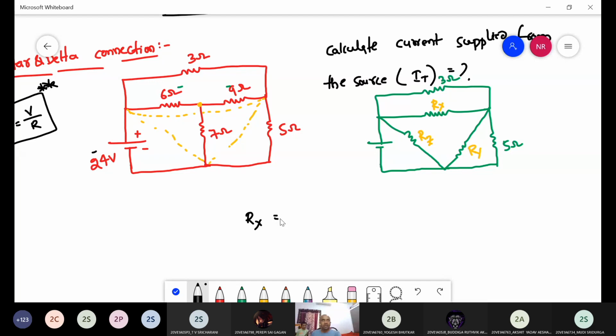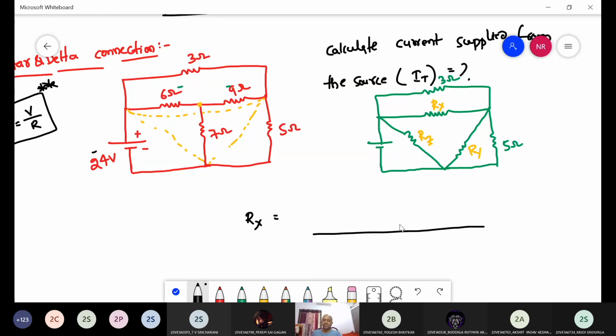Here I am converting from star to delta. Rx is equal to, right? Can you tell me that formula? Yes, Rx is equal to, while converting from star to delta. I think here, derivation.